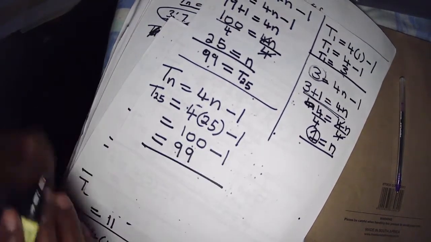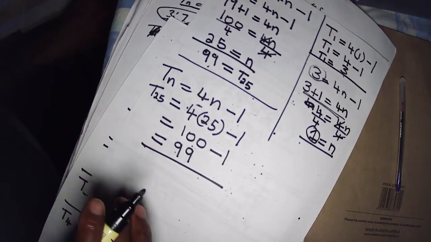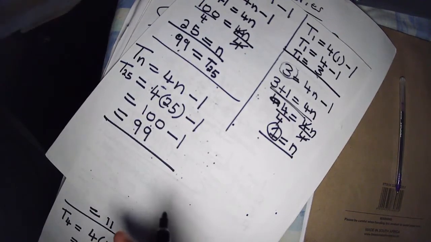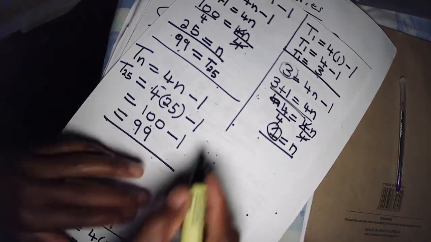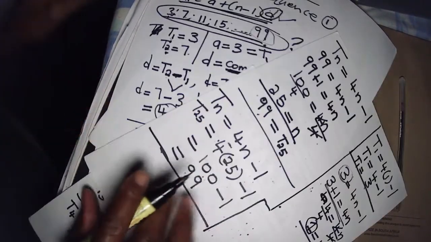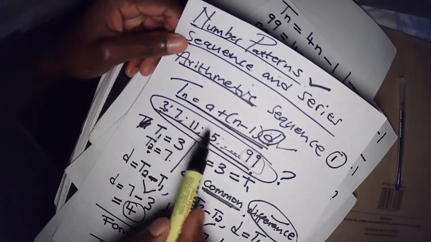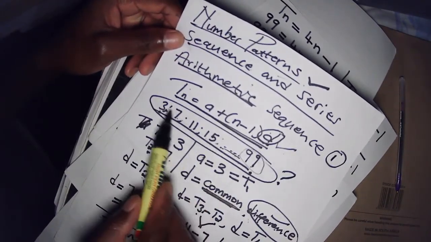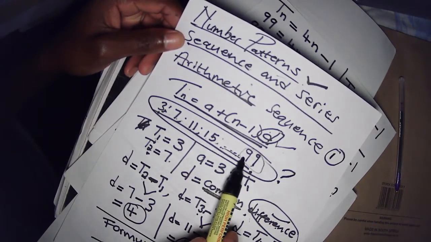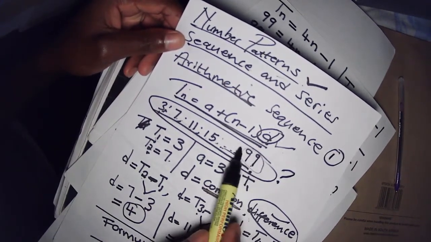So this is how we do it. A question could be like this: what is term number? Look at this, 1, 2, 3, 4. We know 1, 2, 3, 4, but we don't know 5, 6, 7, and since now we know 99, we don't know 98.